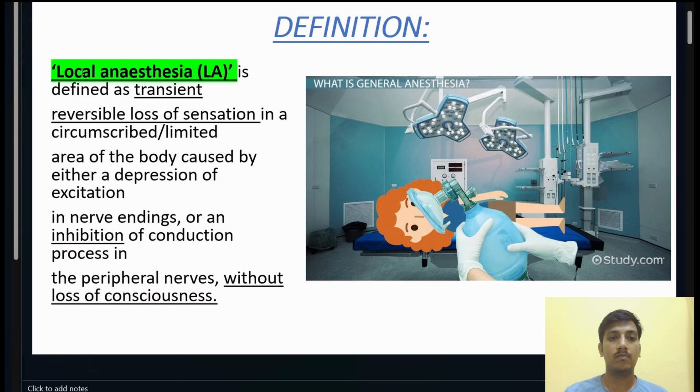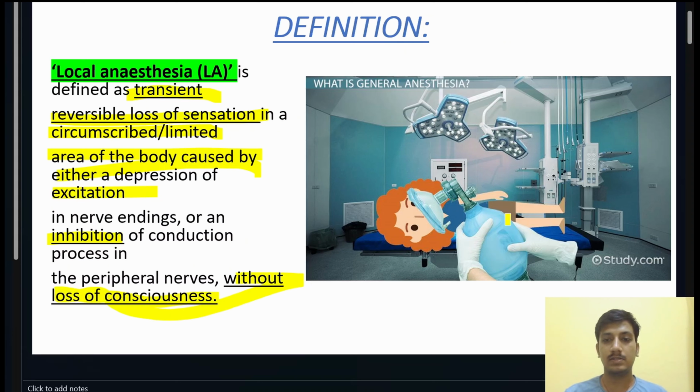Combined, we can say that it is the transient reversible loss of sensation in a circumscribed or limited area of the body, caused by either depression of excitation in the nerve endings, or an inhibition of the conduction process in the peripheral nerves, without loss of consciousness.